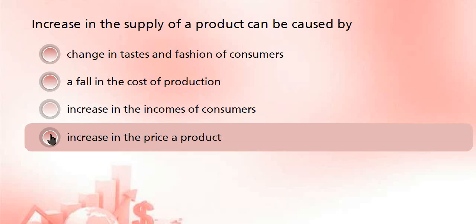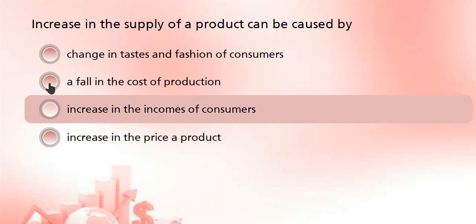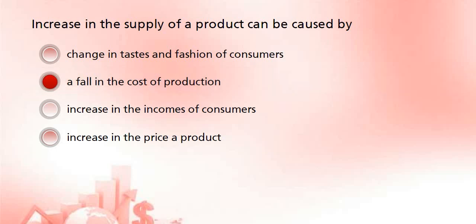I want you to also know that increase in quantity supplied is different from increase in supply. The former can only be influenced by the price of the commodity, while the latter is influenced by other factors that affect supply, which include cost of production. So therefore, a fall in the cost of production can increase the supply of a product. So the right answer will be B.